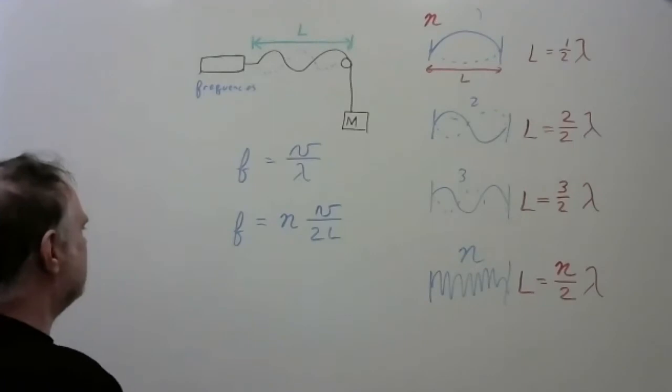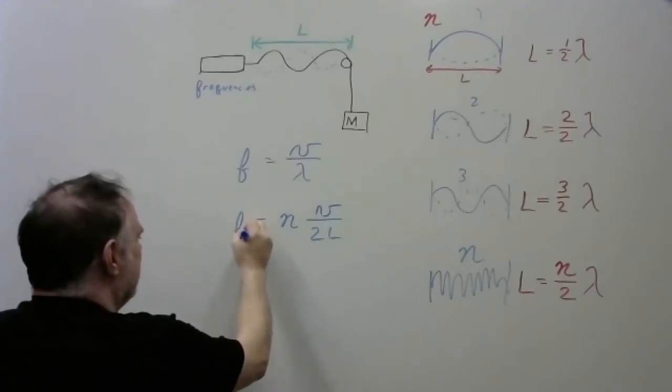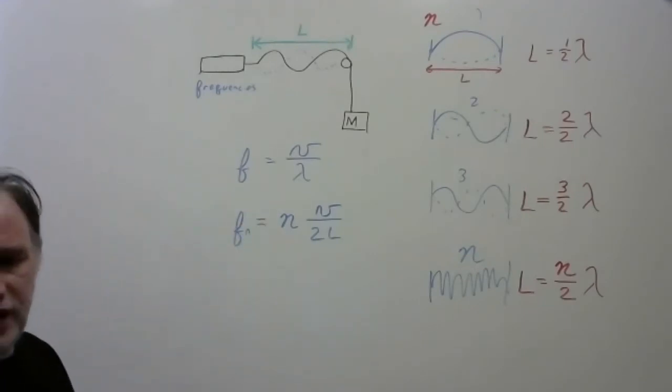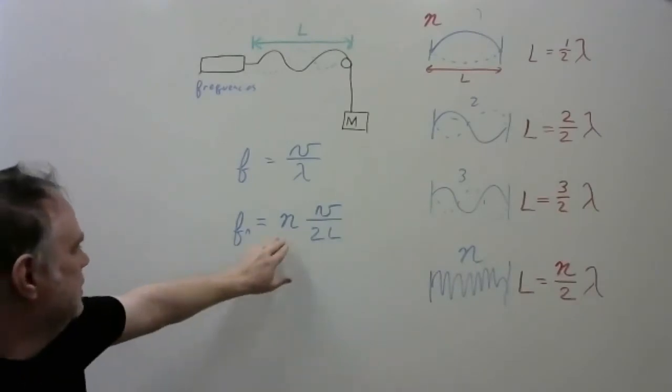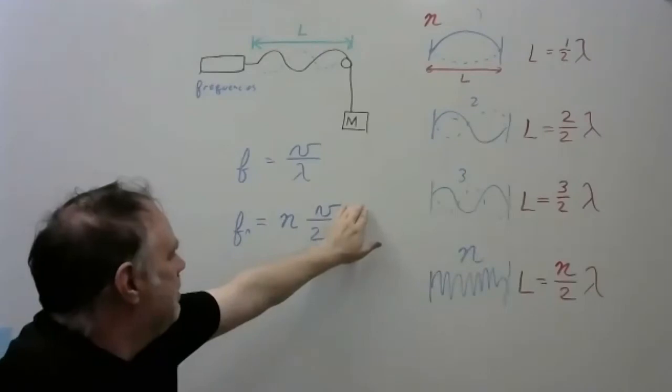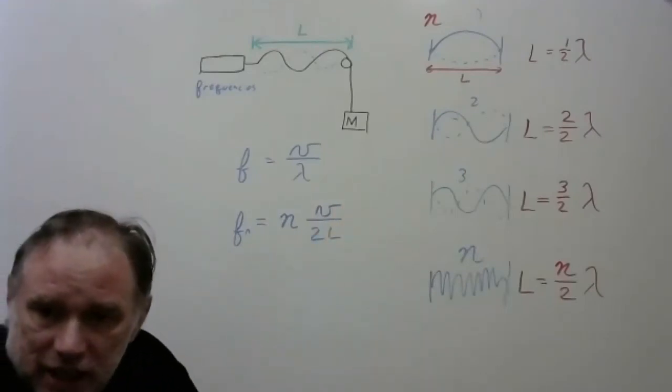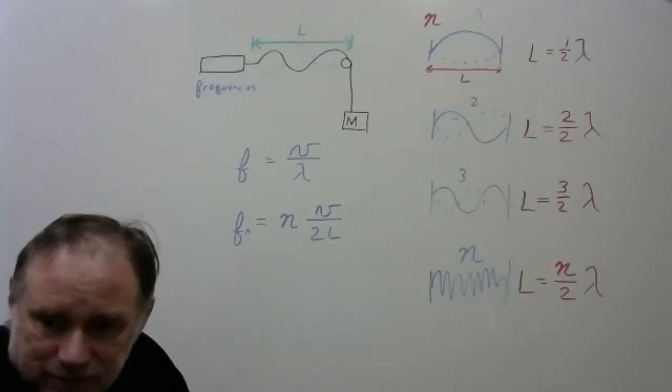Now, that's the frequency for any particular n value. The frequency for any particular n value is equal to that n value multiplied by velocity divided by twice the length, the vibrating length of the string.